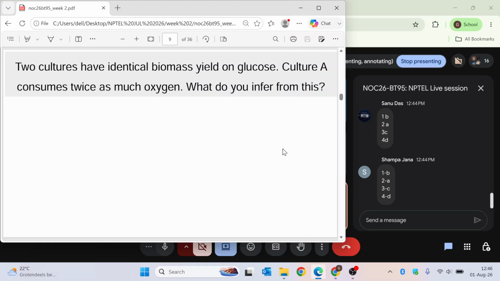Okay, so next question. Two cultures have identical biomass yield on glucose. Culture A consumes twice as much oxygen. What can you infer from this statement?